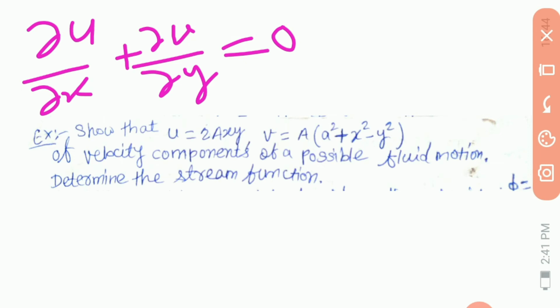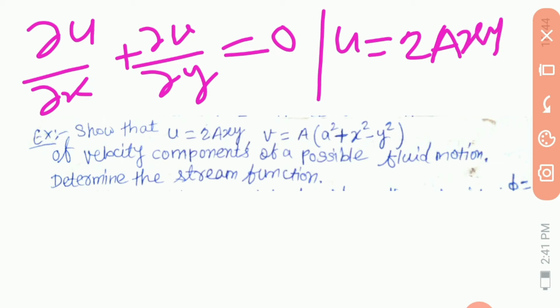Therefore, what is u? U is 2axy. So what is dou u by dou x? Dou u by dou x is 2ay.